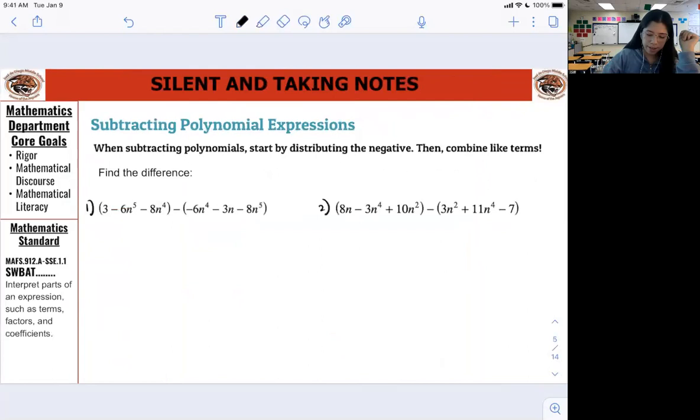Right. So the minus sign that's here, we have to distribute the negative. The minus sign gets applied to everything that comes next. Now, what does that really mean? Think about it. When you apply a negative number, what is it going to do to each of the signs on the inside of the parentheses?